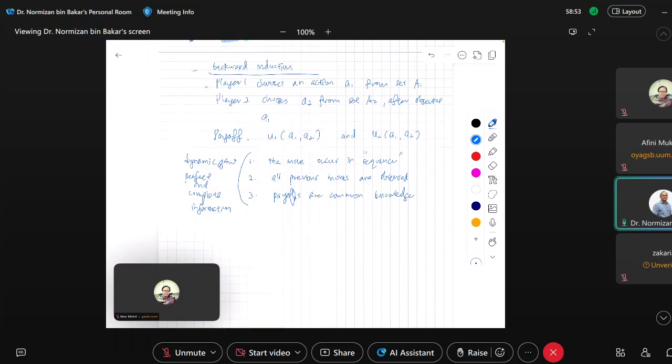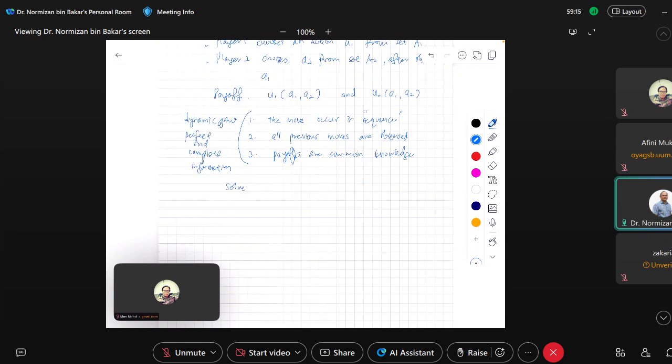Player two moves second, meaning that in the game they are at the second stage. So to solve this game, we use this technique. We call it backward induction.